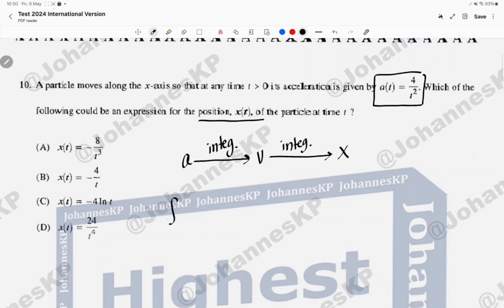So let's do the first integration. So you're going to have to do 4 over t to the power of 2 dt. But like I told you earlier, I don't like to work with a power that's in the denominator. It makes my life harder. Just bring it to the top before you do anything else. So you're going to say integration of 4t to the power of negative 2 dt. So, how would you integrate t to the power of negative 2?